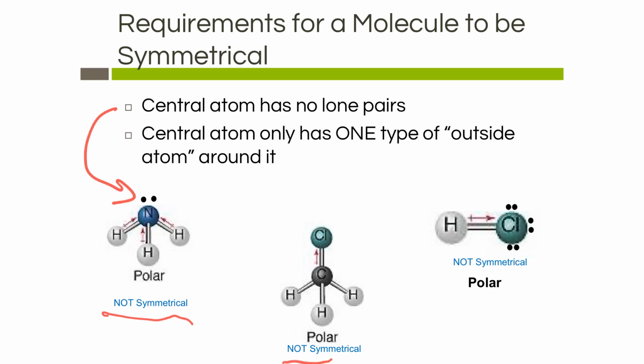And the second one is not symmetrical because there are more than one type of bond. And finally the other one is just a straight up dipole, so that's also not symmetrical. So actually I shouldn't have drawn the arrow there, but it's just a dipole right here. There's no canceling dipole, so that's definitely also not symmetrical.